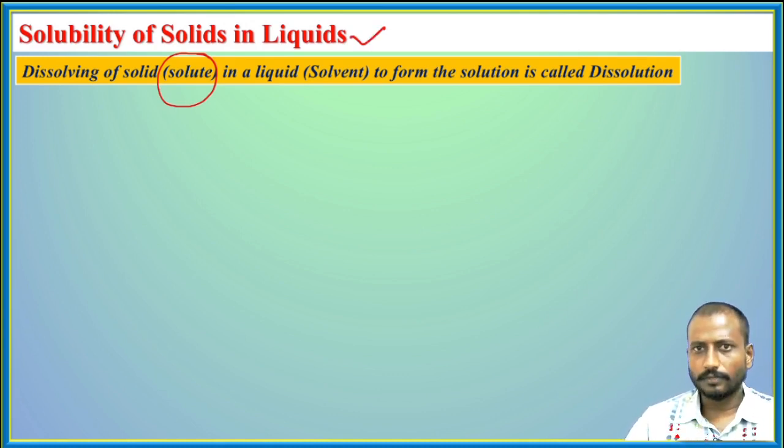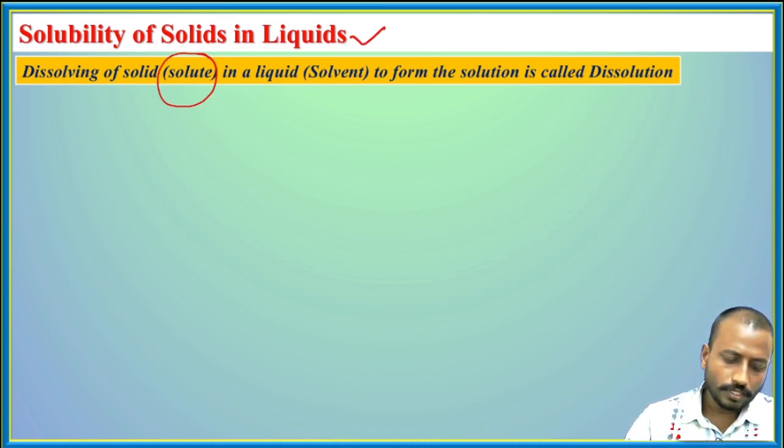In the introduction, we discussed that we are going to discuss only liquid solutions, which means the solvent is always a liquid. Therefore, dissolving a solute in a liquid to form the solution is called dissolution. Dissolving of a solid in a liquid is called dissolution. So here the solute is solid and the solvent is liquid.